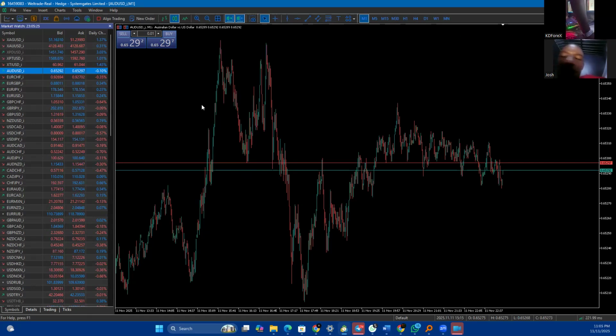It's very important that you note down everything you do. You journal everything. It's very important. So as I'm checking here, I'll know my assets. I know what I need to trade and what I shouldn't trade.